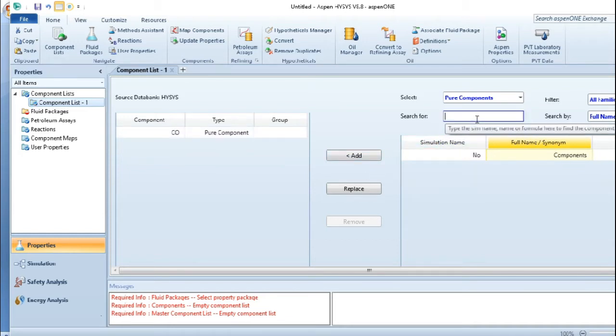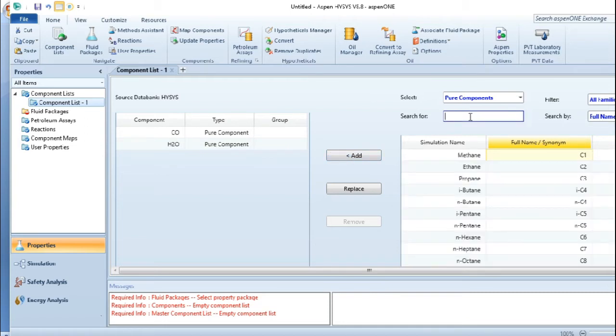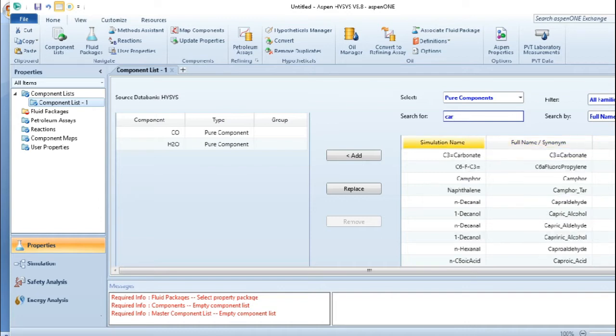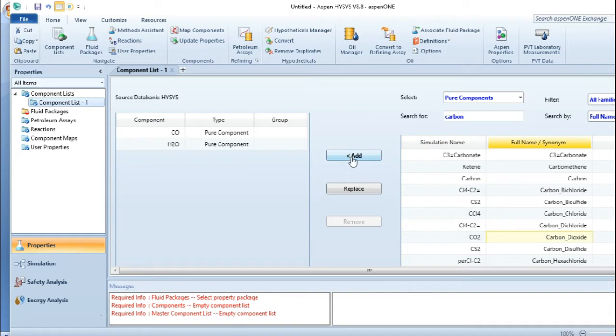Carbon monoxide reacts with water to produce carbon dioxide with hydrogen gas.